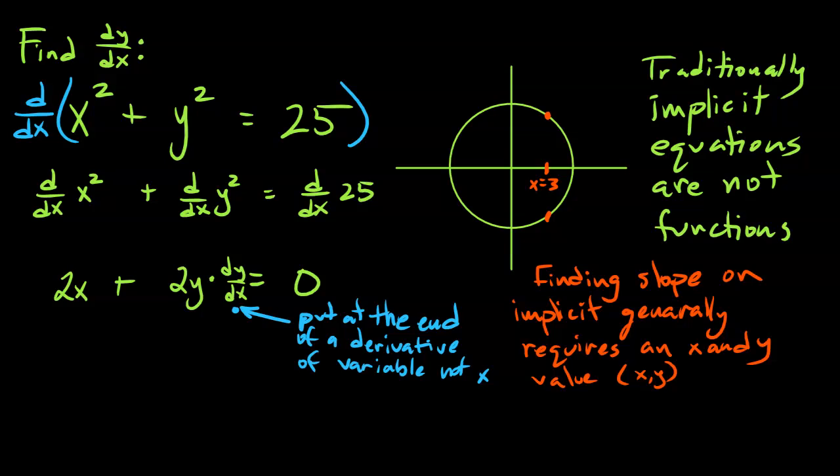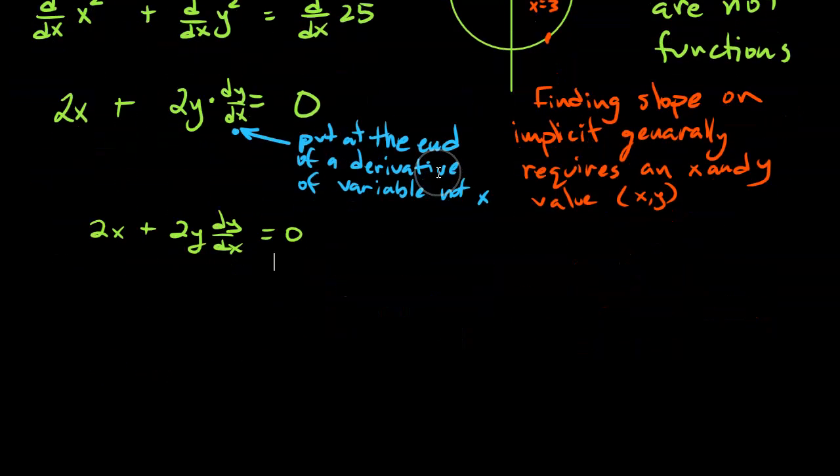Now, we're not done with the problem because the whole goal was to find dy dx. Currently, our problem says 2x plus 2y dy dx equals 0. So I'm going to rearrange the equation to solve for dy dx.